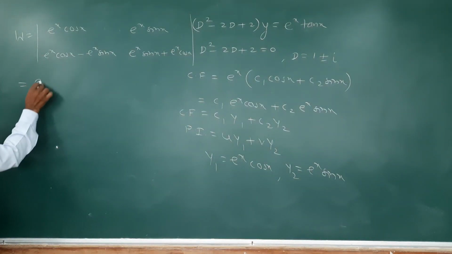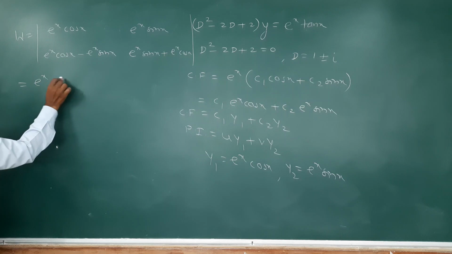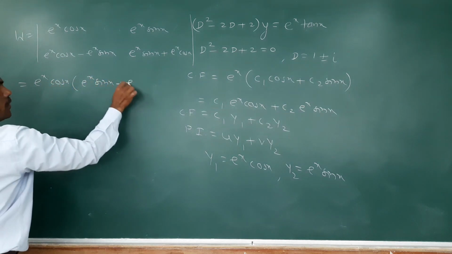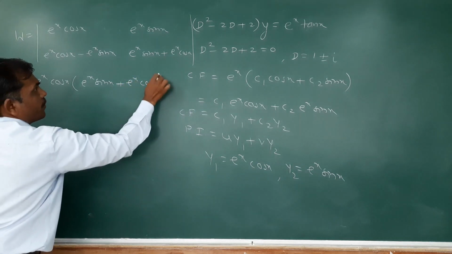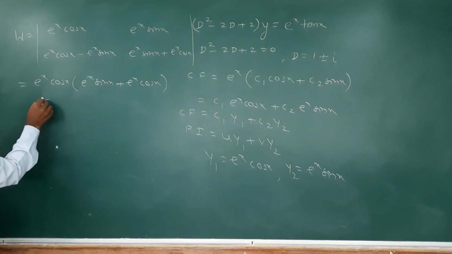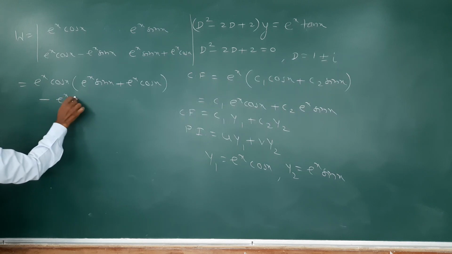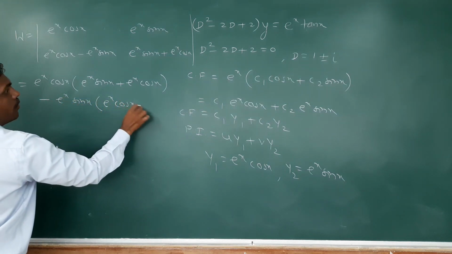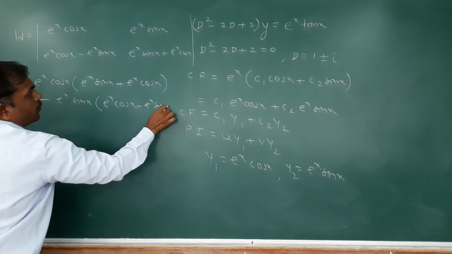Now solve this determinant. So e raised to x cos x into e raised to x sin x plus e raised to x cos x, minus e raised to x sin x into e raised to x cos x minus e raised to x sin x.